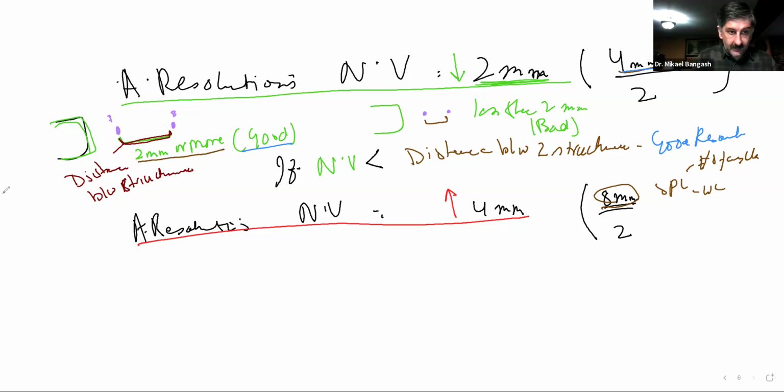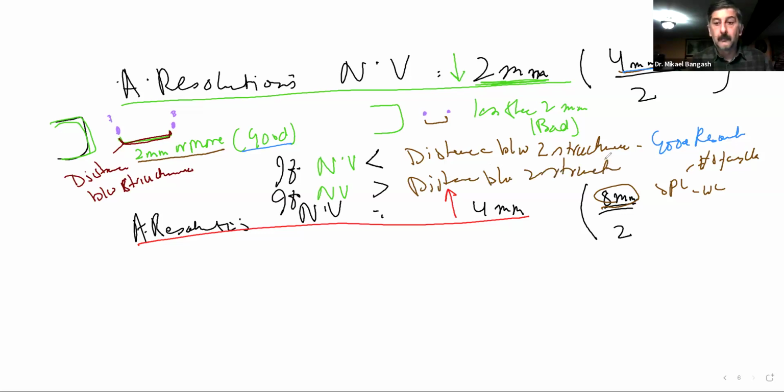Whereas, on the other hand, if your numerical value is greater than the distance between the two structures, that will give you a bad axial resolution.